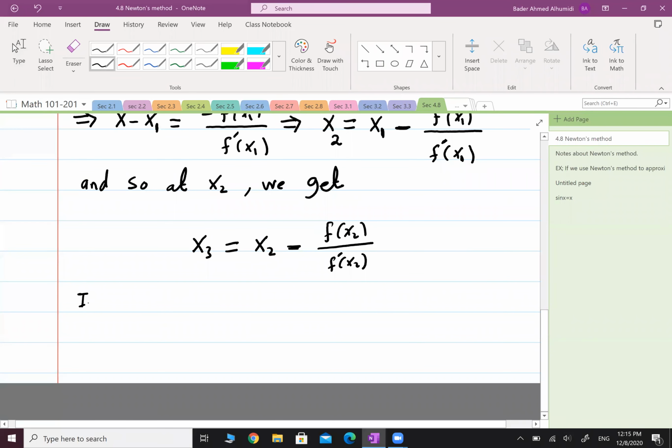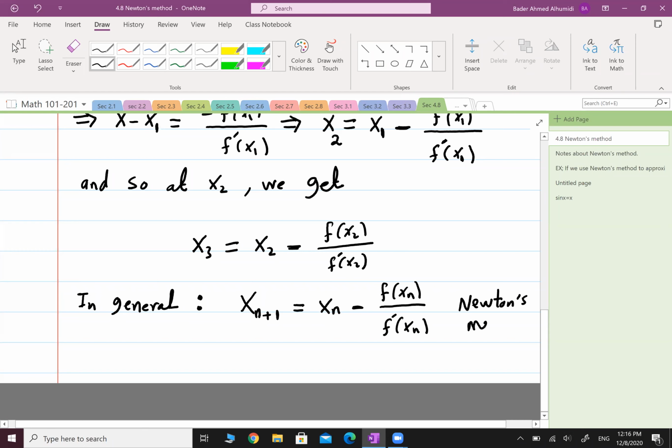In general, this is the formula that will be used. x(n+1), the next iteration, is equal to xn minus f of xn divided by f prime of xn. This is called Newton's method.